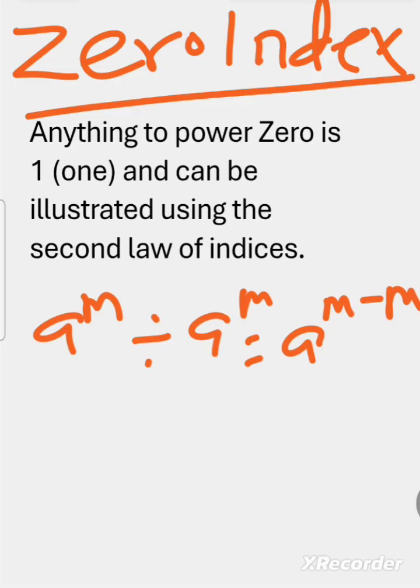When we have division, when the bases are the same and division in between, then we subtract the indices. So we subtract the powers. So m minus m is the same as 0. So this number will be a raised to 0.